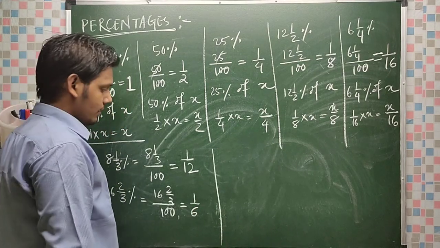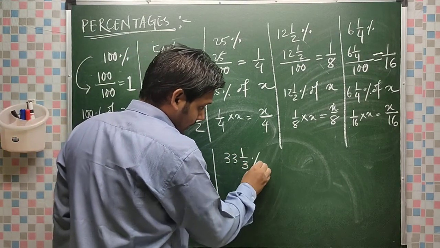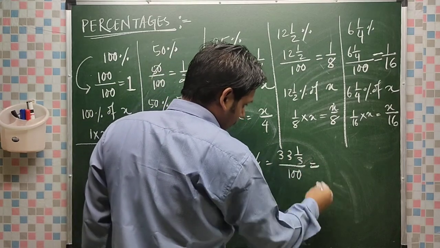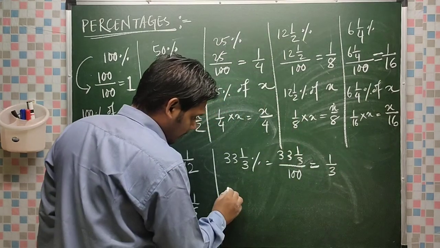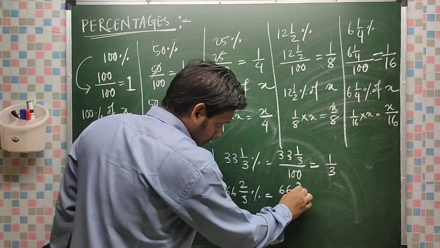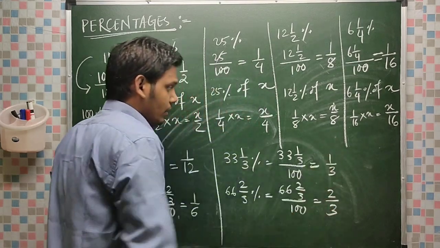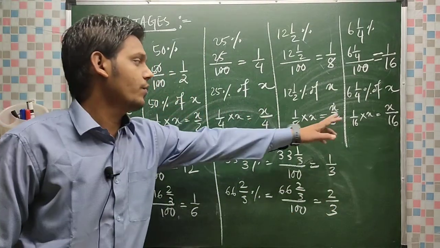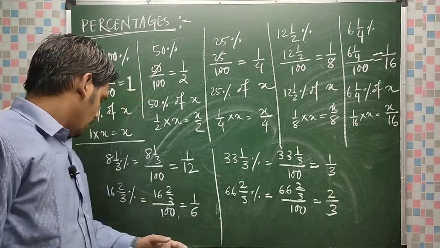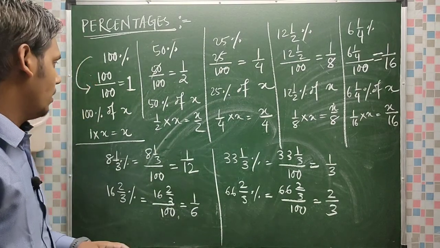And 2 more percents are there. 33 and 1 by 3%, that is 33 and 1 by 3 divided by 100, that means 1 by 3. And 66 and 2 by 3%, that means 66 and 2 by 3 divided by 100, that is 2 by 3. So these are the shortcuts, 9 of them. More shortcuts are also there, that we'll discuss in another video.